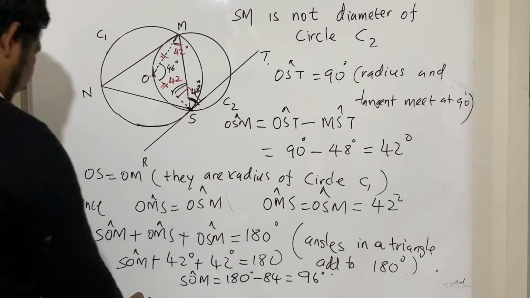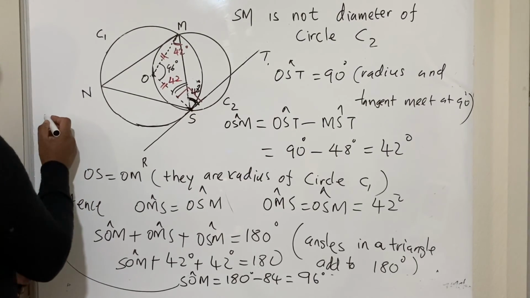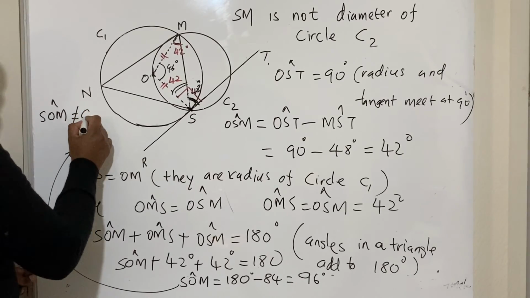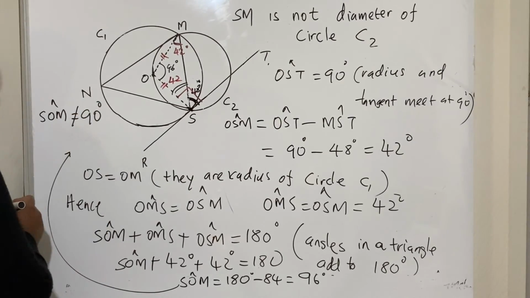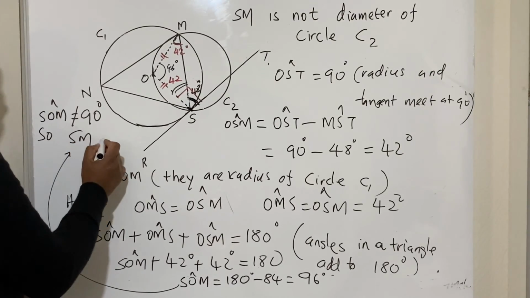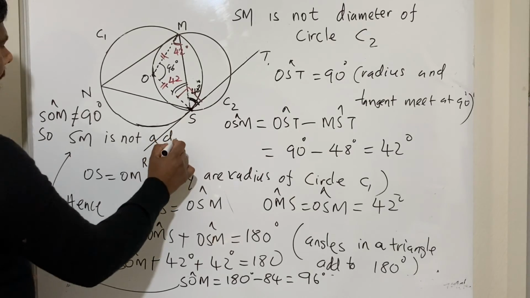And we can tell angle SOM is not 90 degrees. So SM is not a diameter.